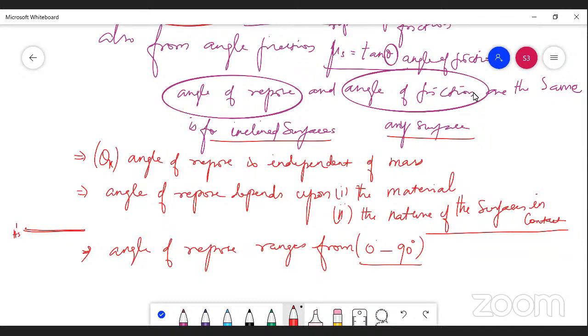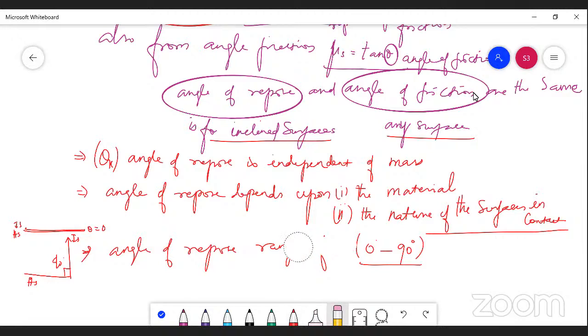This is the horizontal surface, this is the inclined surface. It may be parallel, in this case theta is 0, and the inclined surface may be perpendicular to the horizontal surface. Here it is 90 degrees, but it lies between 0 and 90. We say it is not exactly 0, not exactly 90. Instead, I can say the angle of repose lies between 0 to 90. That will give you a clear picture over here.